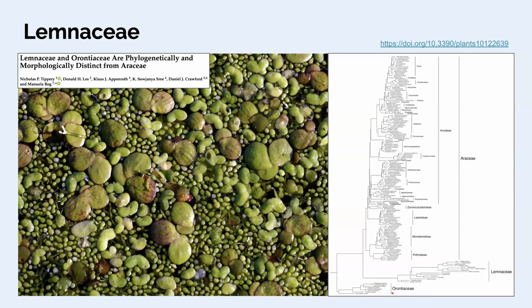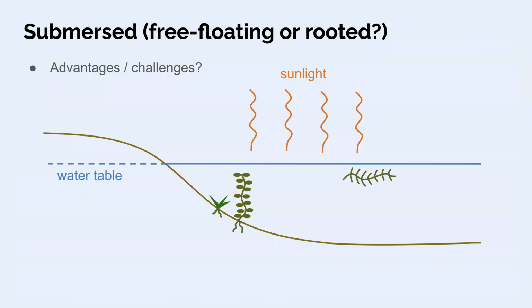If we call them all Orontiaceae, for the genus Orontium, then Lemnaceae becomes monophyletic and Araceae becomes monophyletic. So we'll see how that goes. But if you want to look up the family for duckweeds, you'll probably more likely than not find it still classified in Araceae. We'll see. Maybe you can root for us as time goes on.